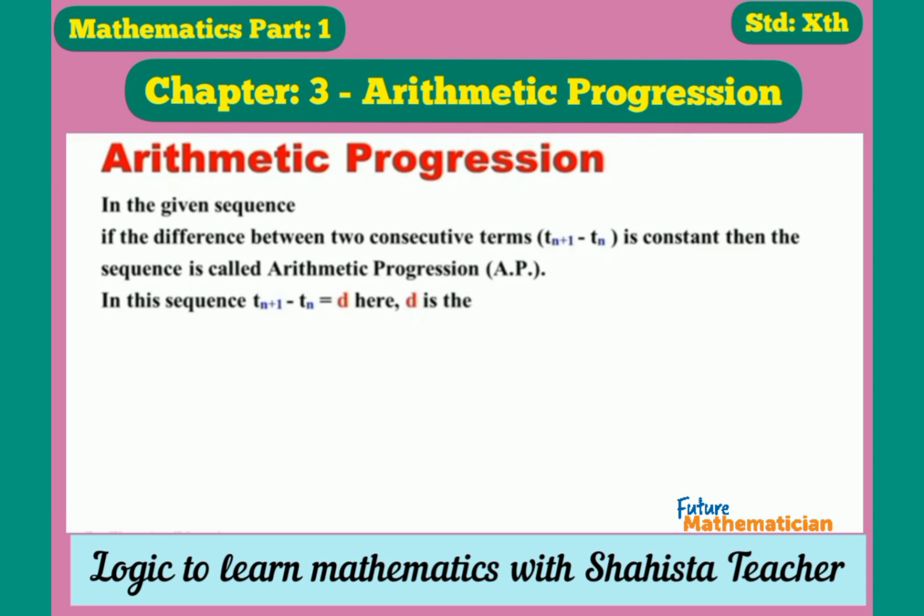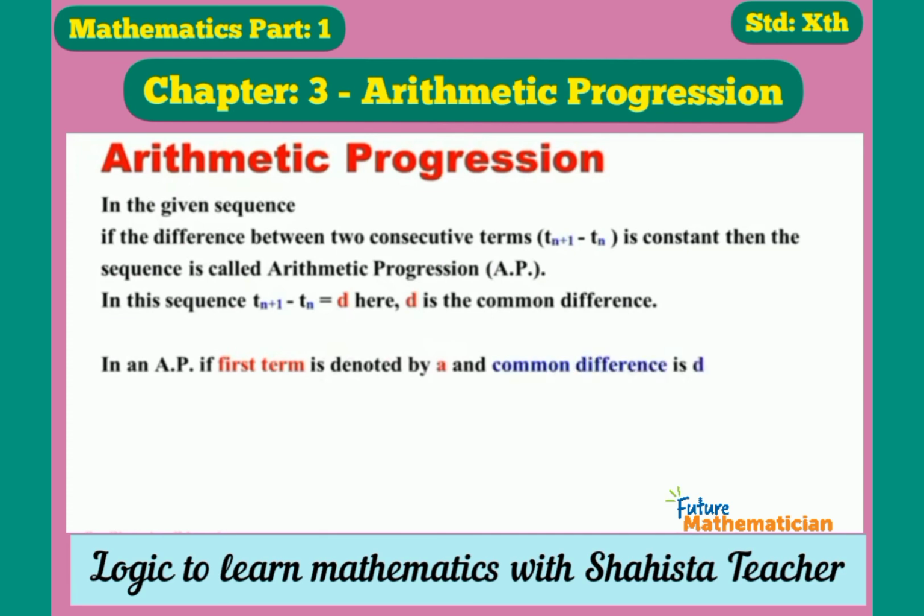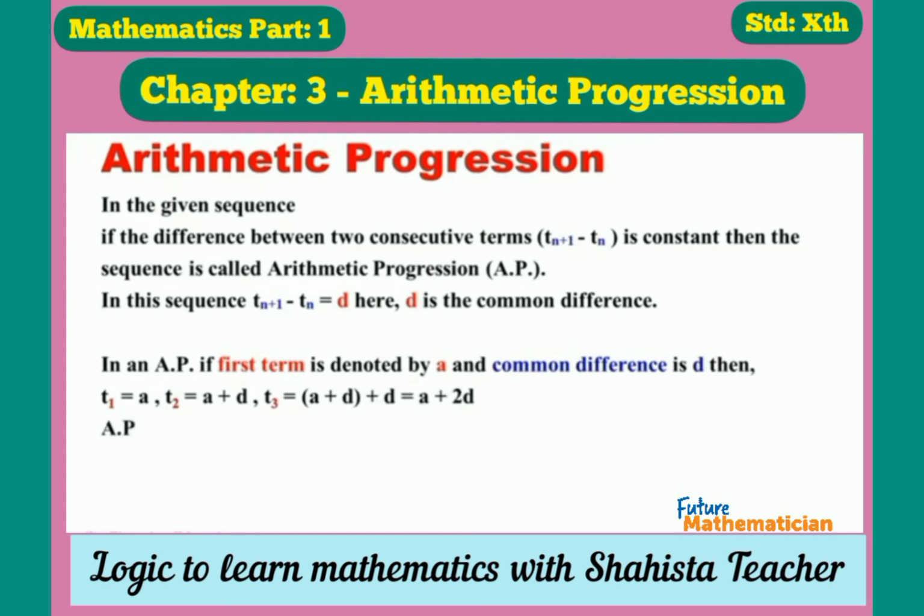Now this formula is very important. In this sequence, Tn plus 1 minus Tn is equal to D. Here D is the common difference. In an arithmetic progression, the first term is denoted by A and the common difference is D. Then T1, that is term 1, is equal to A, term 2 is equal to A plus D, term 3 is equal to (A plus D) plus D, which is A plus 2D.